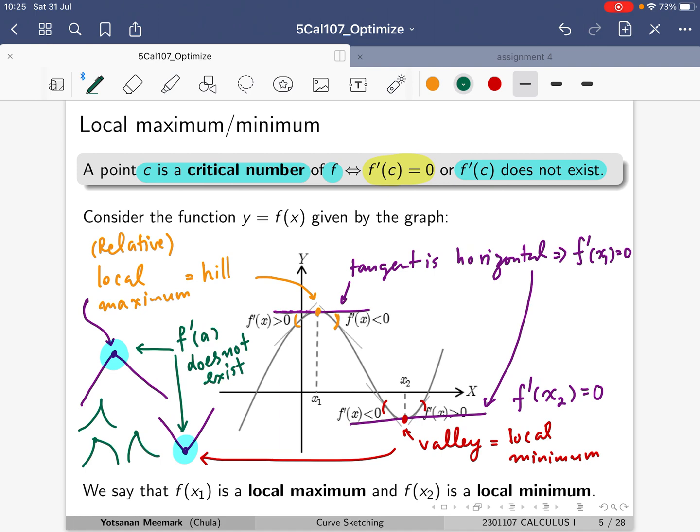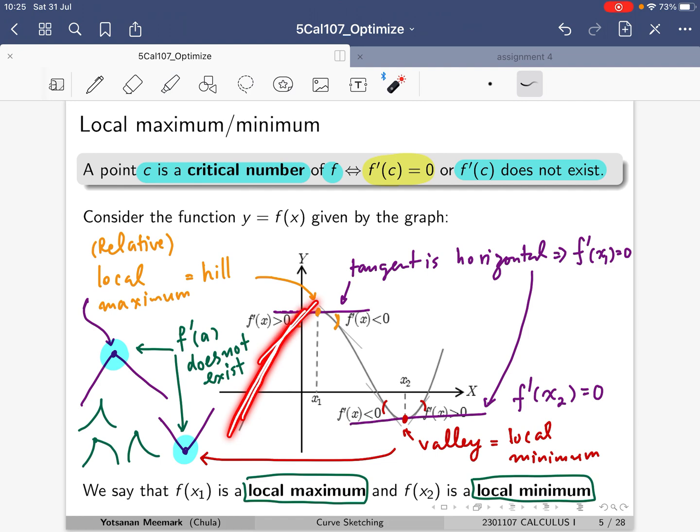So how are we going to determine which one is a local max, which one will be a local minimum? It depends on the tangent line. You see, this hill, how can it become a hill? Around that point, the tangent changes from a positive tangent to a negative tangent.